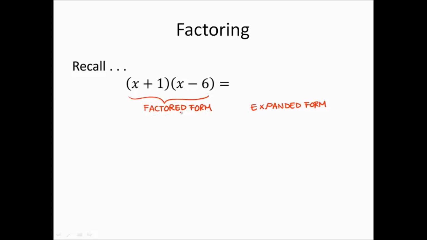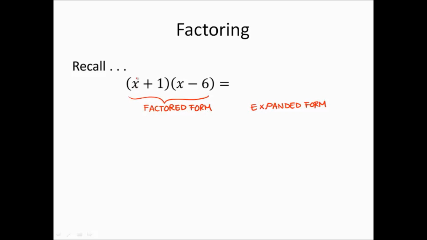Notice that it is in factored form when your pluses and minuses are contained within brackets. It is in expanded form when everything is expanded and there are pluses and minuses that are loose out of brackets. That's just one quick way to see if it's in factored form or not.